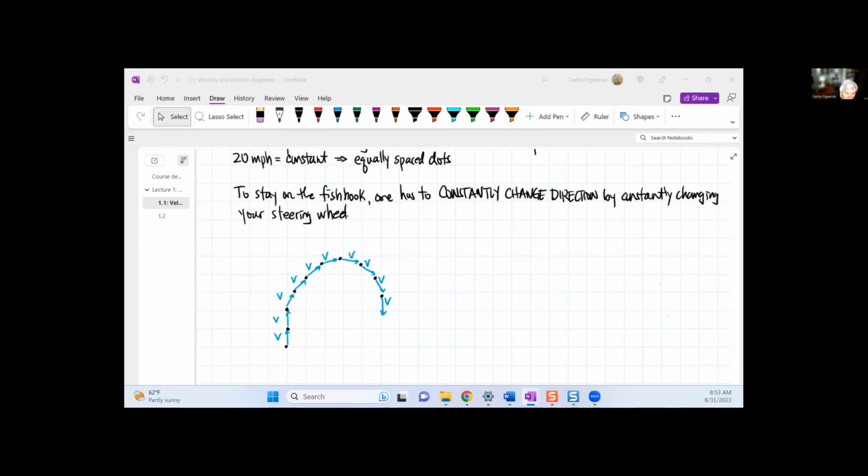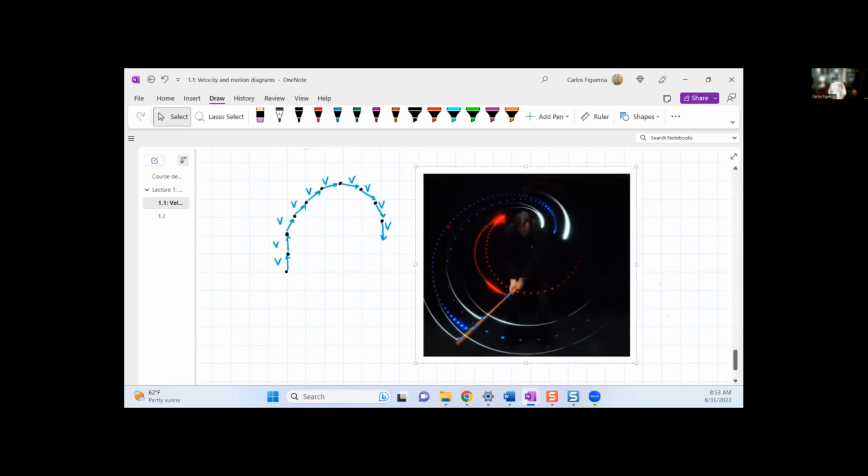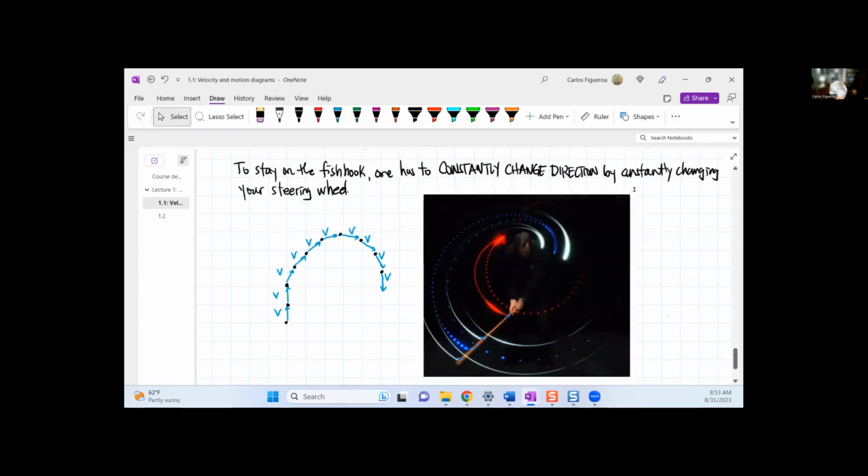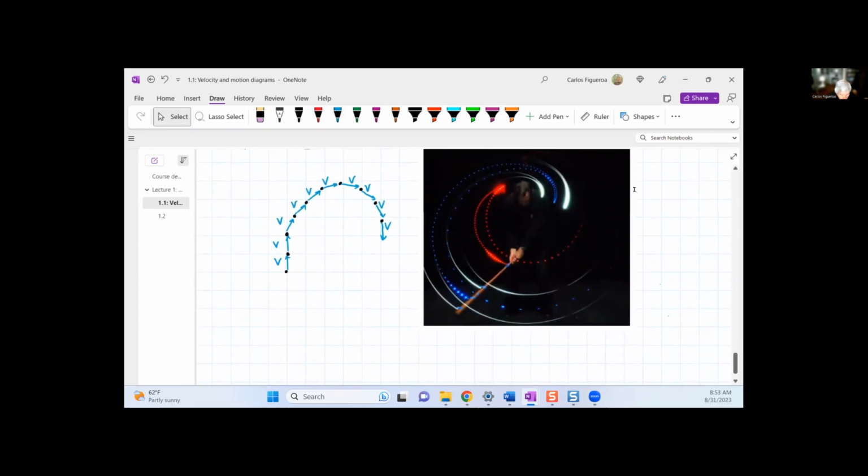Now, as an example, I have this image here that I want to share with you. This is an example of a motion diagram with this type of characteristics. What you're seeing here is a baseball bat with a red and blue flasher.